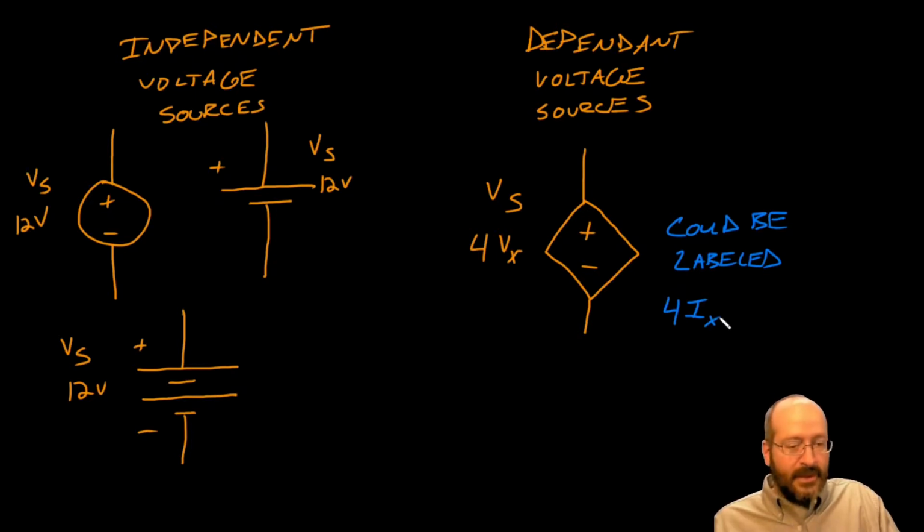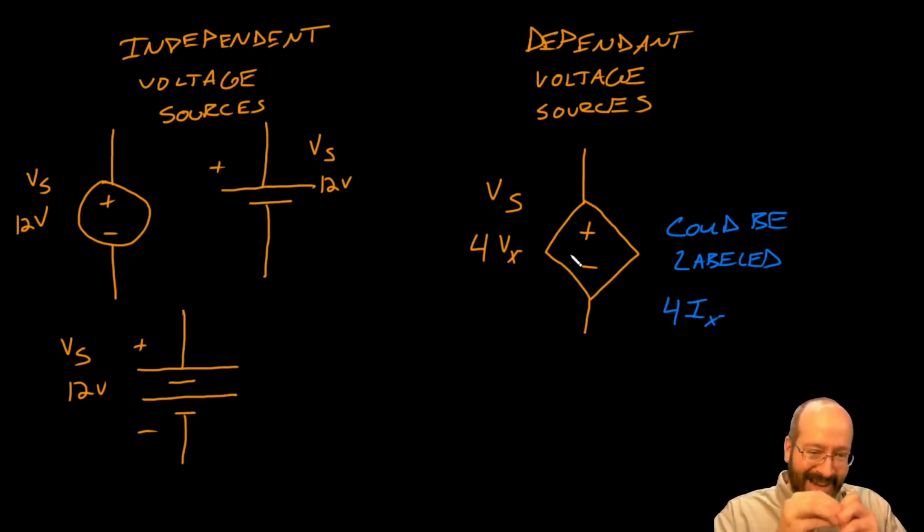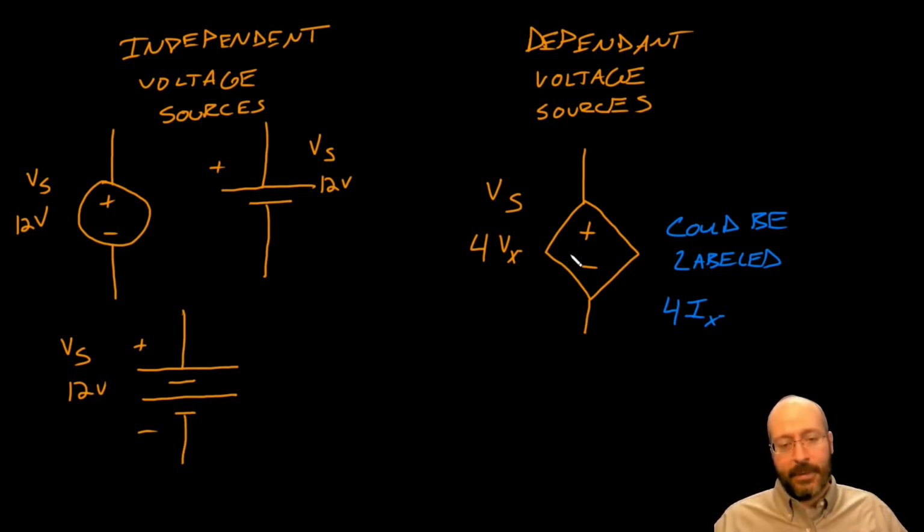We could have a current controlling this voltage. But when we analyze the circuit, we've got to look at the symbols inside and we say this is a voltage. It puts out a voltage. It may be dependent on a current, but this is a voltage supply, and we're going to treat it as such. So always look at the symbols inside the shape to tell you what kind of source it is.